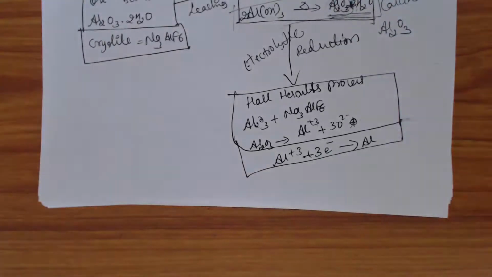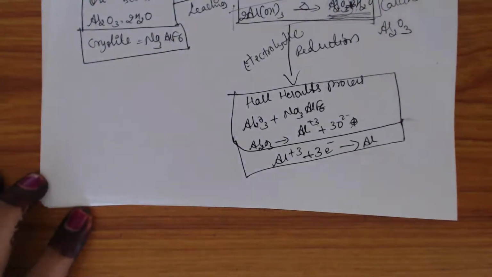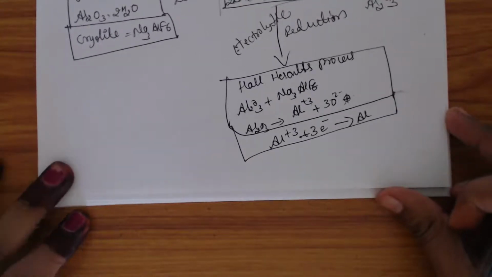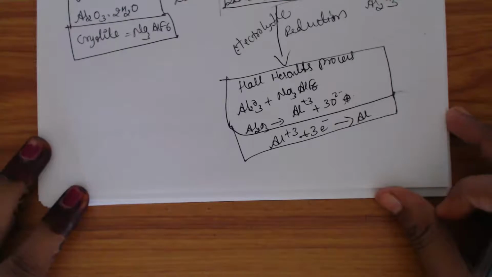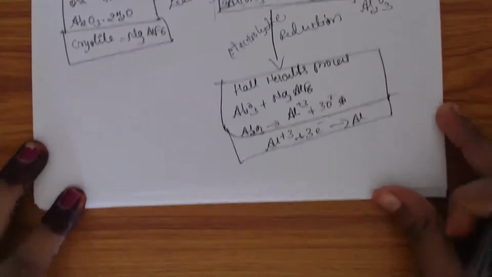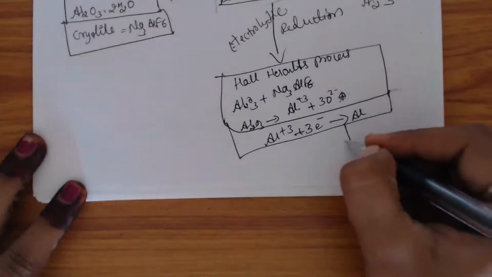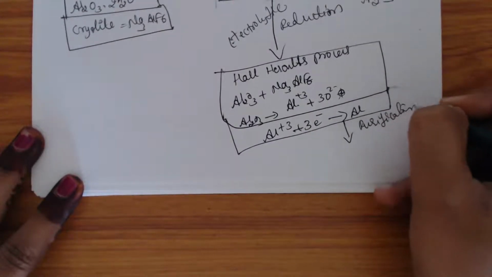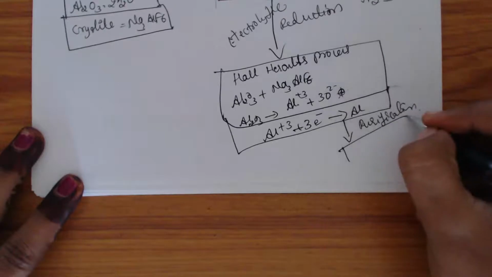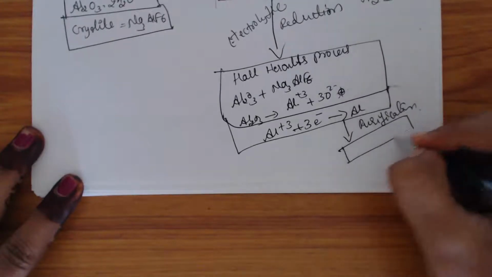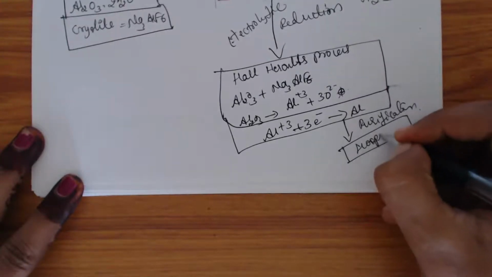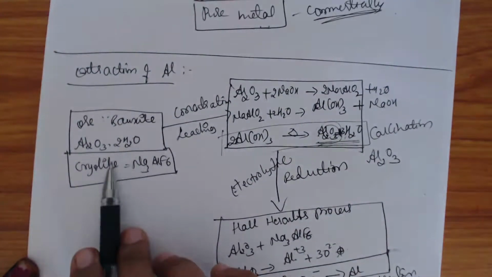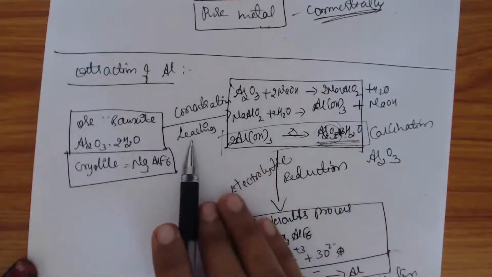Once the aluminium is extracted, it is subjected to refining. As it is an oxide ore, it is less impure. This is purification by Hoope's method. So students, first the ore bauxite is concentrated through leaching.